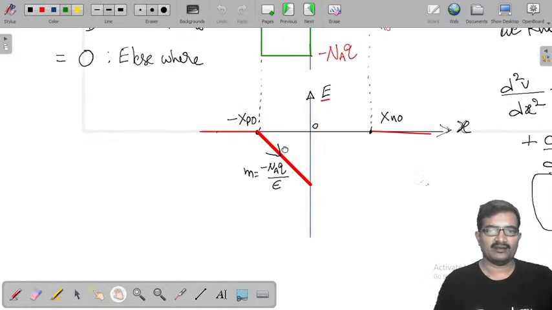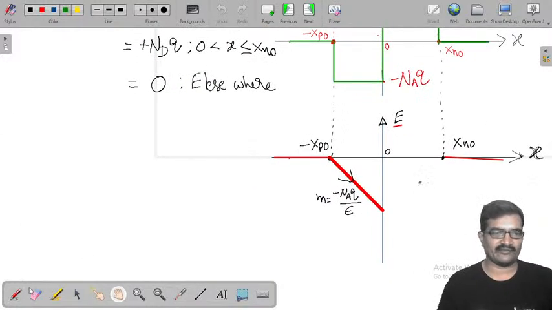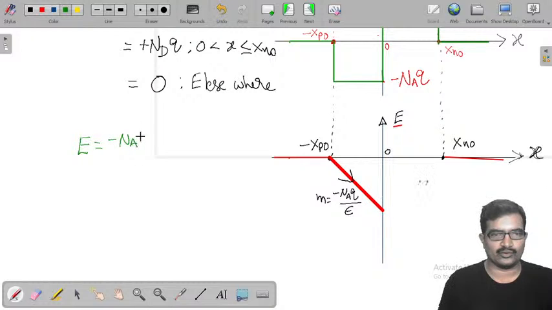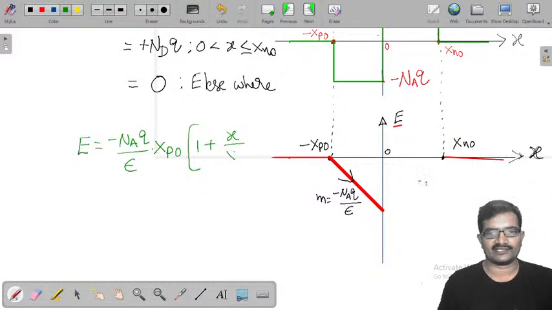So the electric field E is minus NA into Q by epsilon into xp naught into 1 plus x by xp naught.